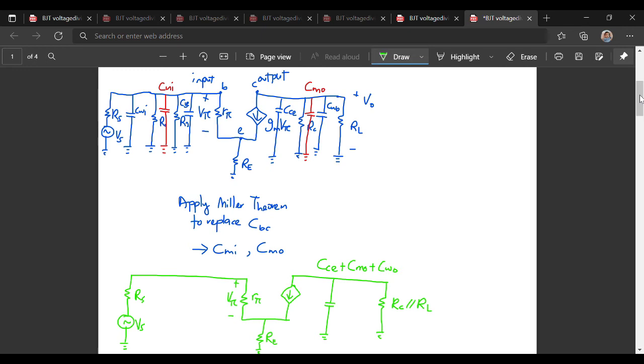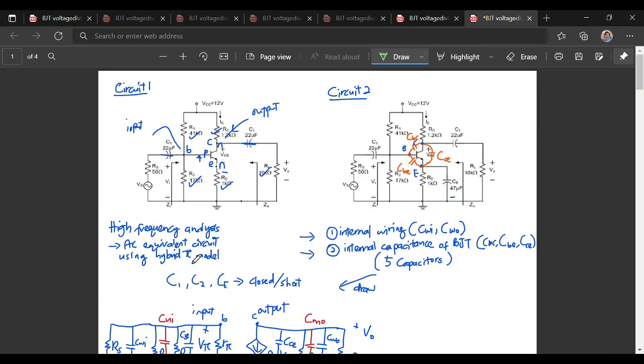At the input part we have 3 capacitors: C wiring input plus C Miller input plus CBE, and also the resistors R1 parallel with R2. Okay, so that's it for the equivalent circuit for circuit 1.